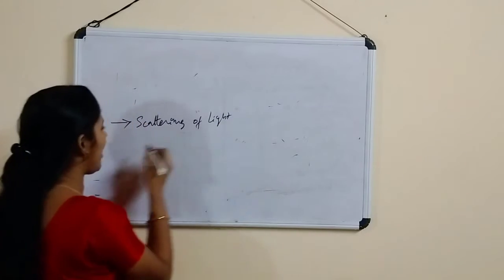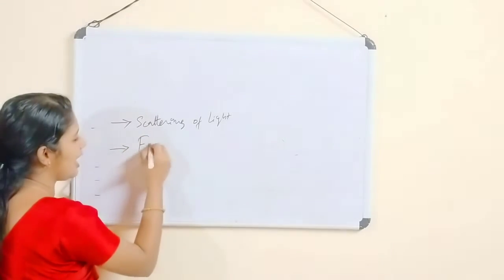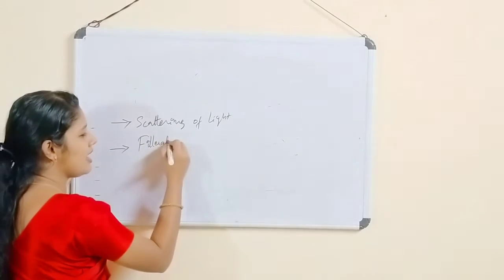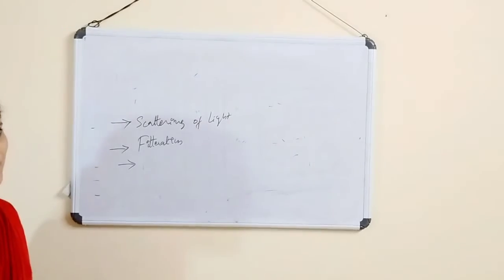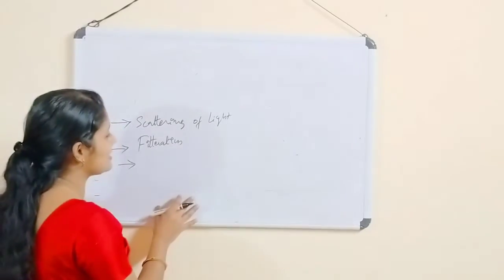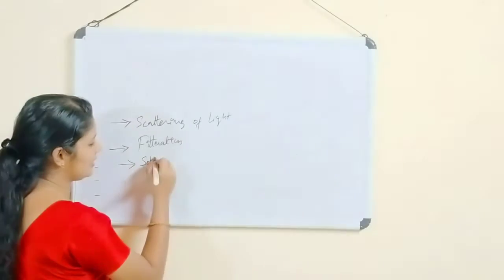The other thing you have to write is about filtration. How can we filter each substance? You have to write that. The other thing you have to write is the settlement of particles.